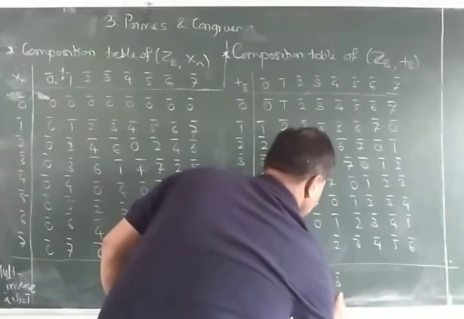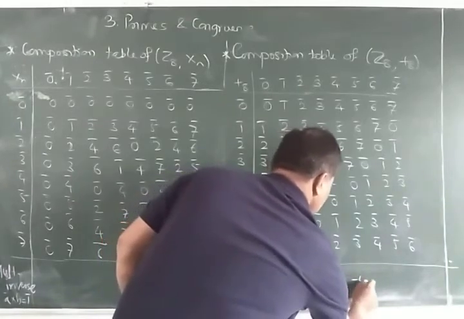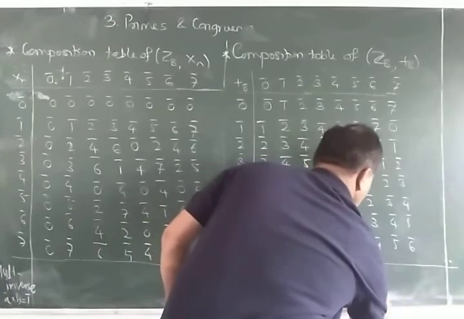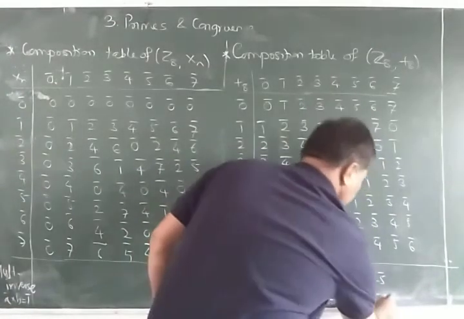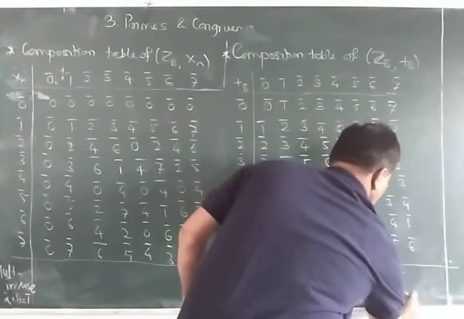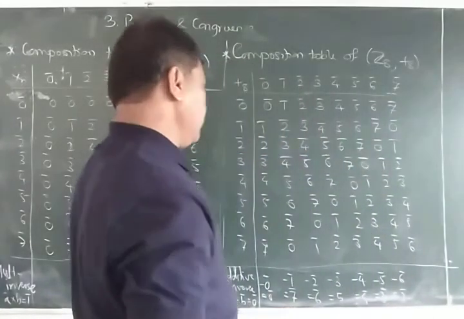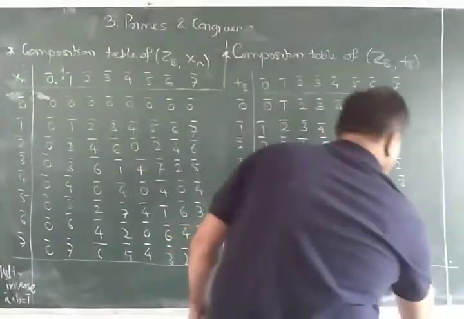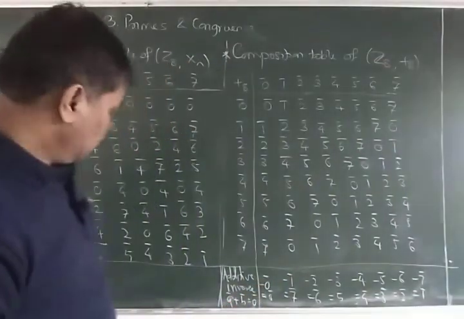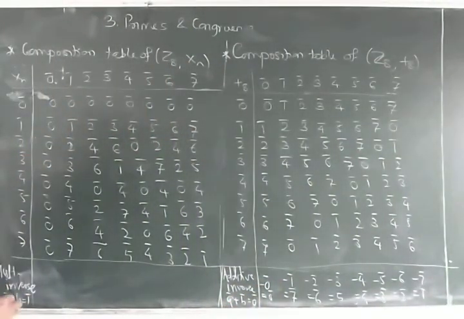Minus 3 bar is equal to 5 bar. Minus 4 bar is equal to 4 bar. Minus 5 bar is equal to 5 plus 3 bar. Then minus 6 bar is equal to 2 bar, since 6 plus 2 gives us 8, and minus 7 bar is equal to 1 bar. Is it clear? Now multiplicative inverse.